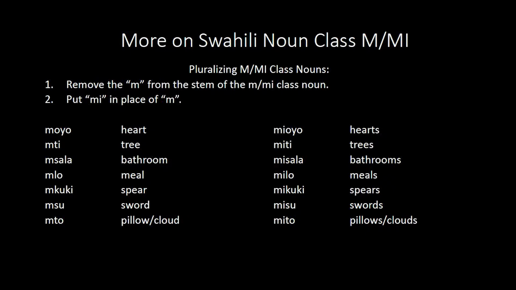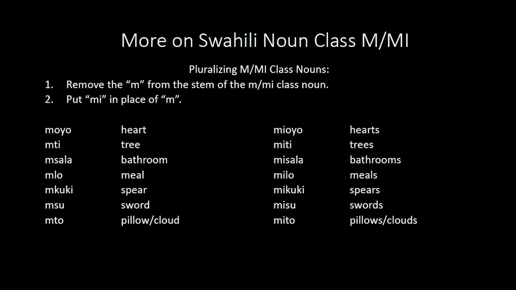Take off the M. Remove it. You leave the stem, and then you put MI. You're trying to put these words in the plural now. So if you take off the M from moyo and put MI, you have mi oyo.